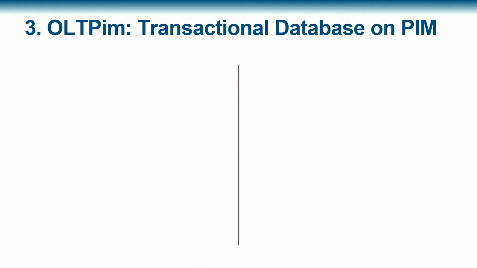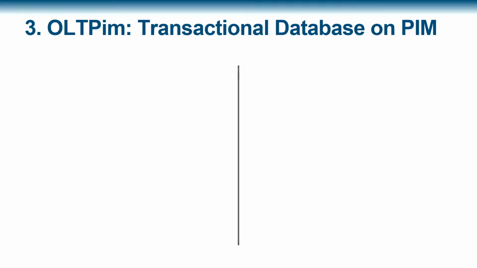I have another student who's working with UA, who has been building a transactional database on top of PIM. And here it's interesting because, again, PIM is a 50-year-old idea, including in the database community. Everybody says, oh, PIM is perfect for the filtering that we want to do when we're doing queries, right? You want to find something in the database that has some property.